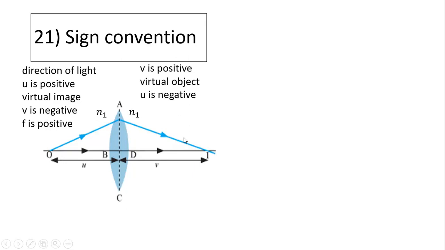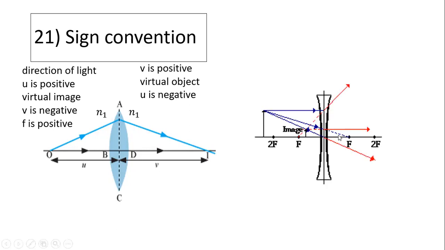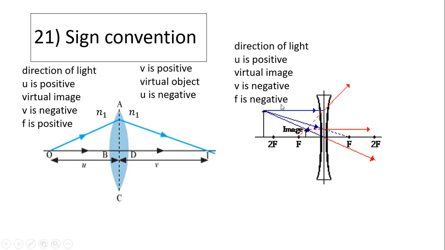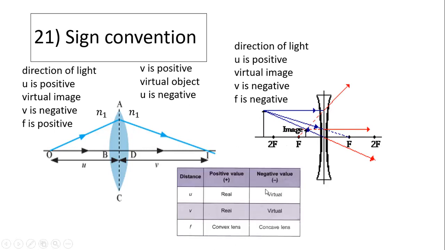So just think of opposite sides. If U is on the opposite side, it is also negative. For a diverging lens, this is where your object is, so the object is positive. The image is always virtual, so it's always on this side, so it's negative. F is negative. Or I can use this table to summarize for you.